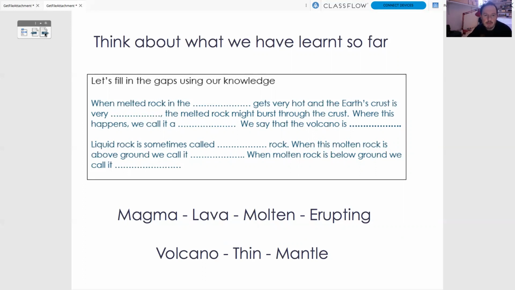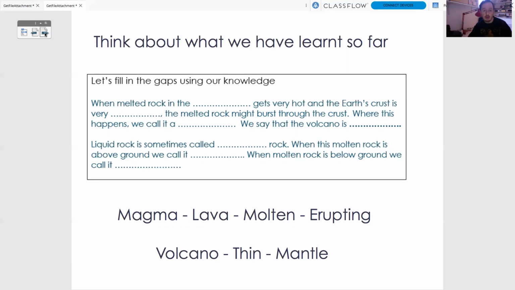Right. When molten rock in the something gets very hot and the Earth's crust is very something, the melted rock might burst through the crust. Where this happens, we call it a something. We say that the volcano is doing something. What's it doing? Have a look.